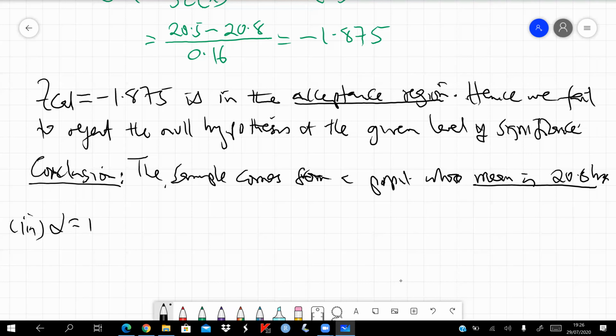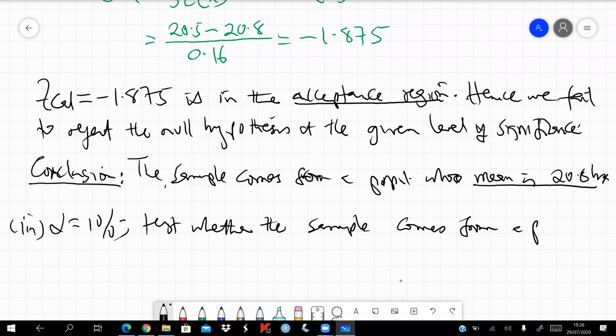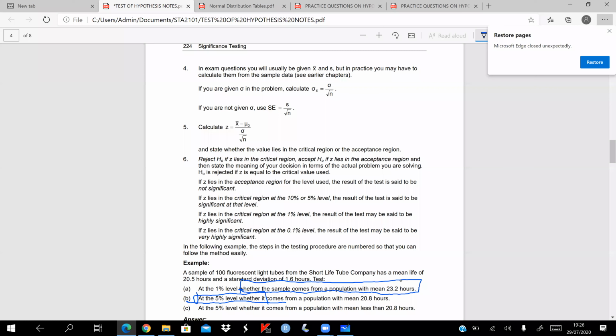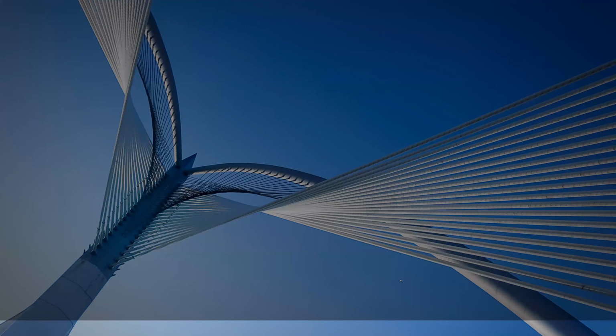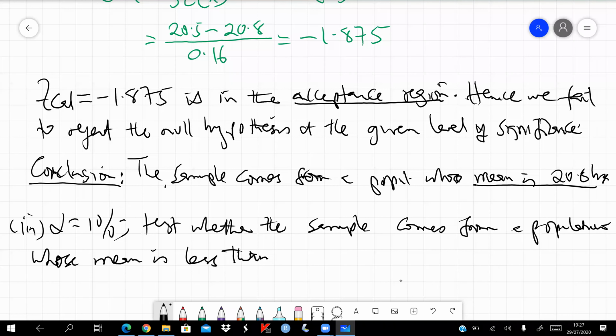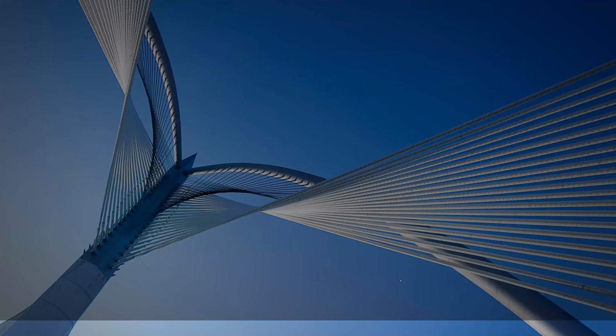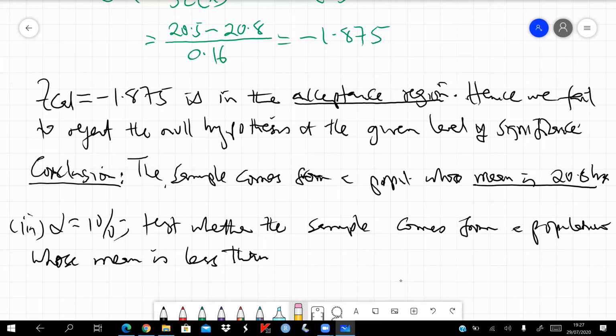So maybe you can have our third example there. We're using alpha is 5% to test whether the sample comes from a population whose mean is less than 20.8 hours.